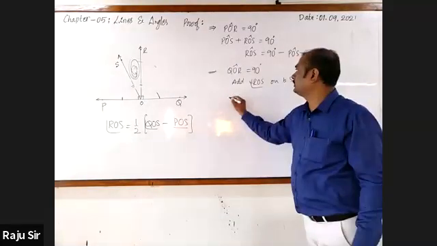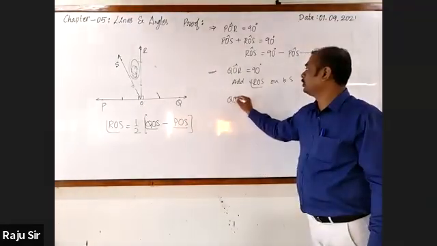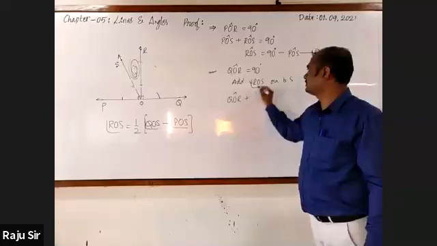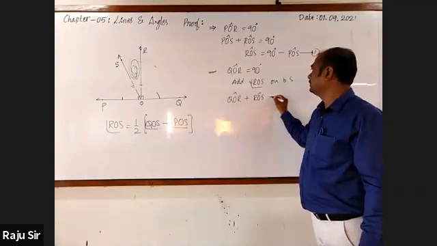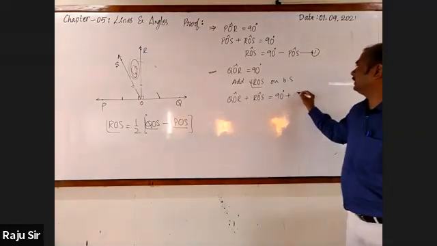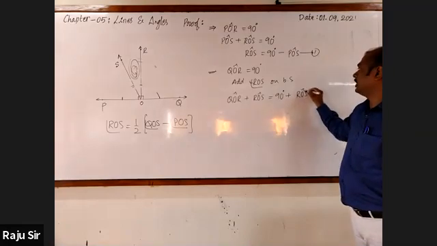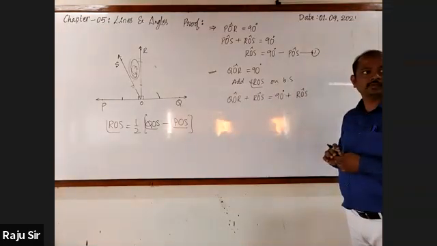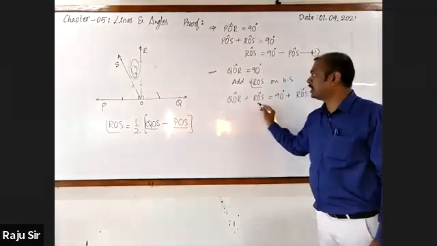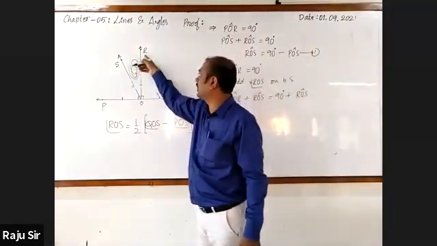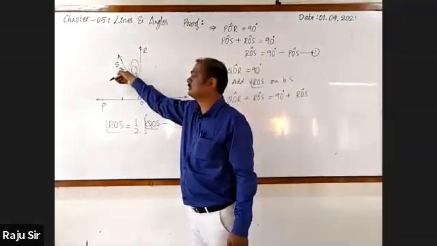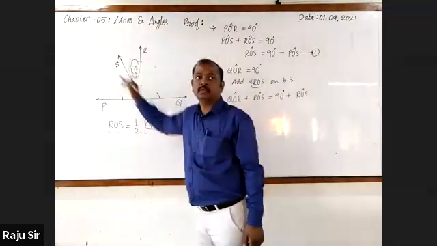Then I can write QOR plus ROS is equal to 90 degrees plus ROS, right? Then what is QOR plus ROS? It is QOS.